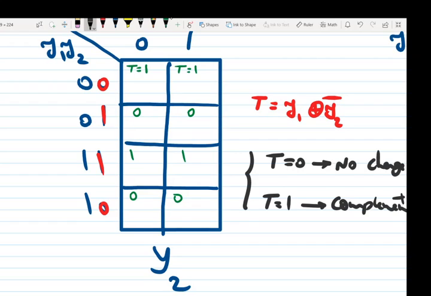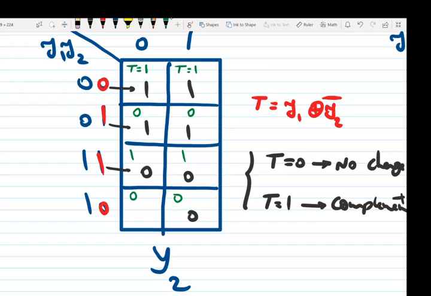T is 1 for the first cell, so Y2 should be complemented, so it's 1. The next one is 1. T is 0, Y2 no change. T is 1, Y2 should be complemented. T is 0, Y2 no change. Okay, you see how easily we fill the table.